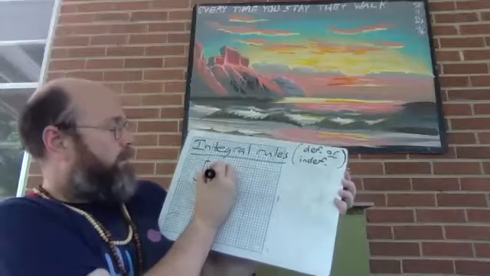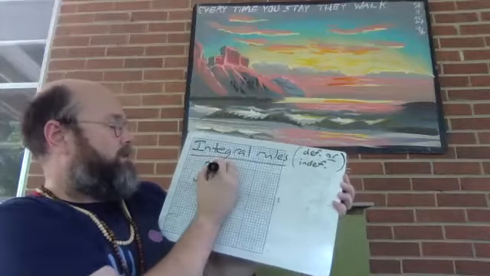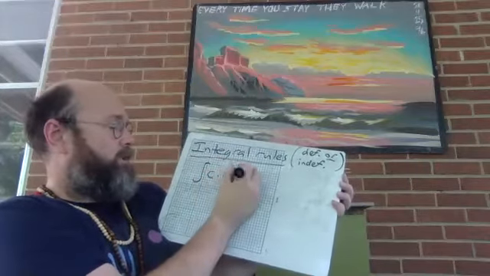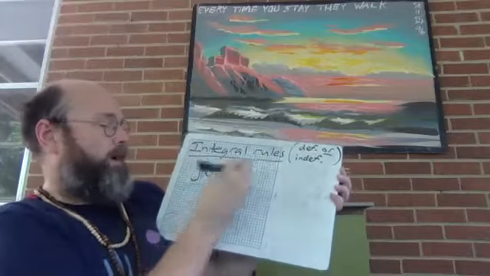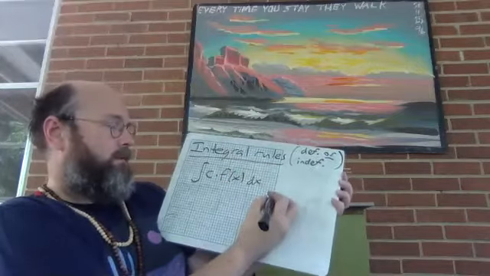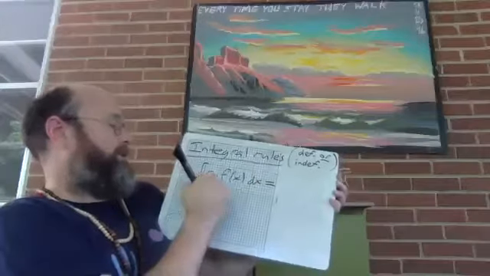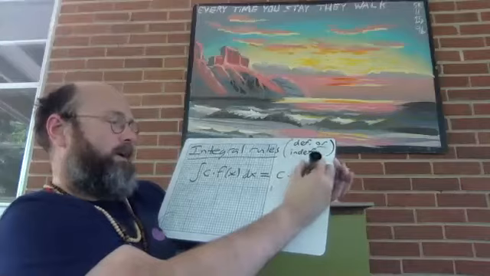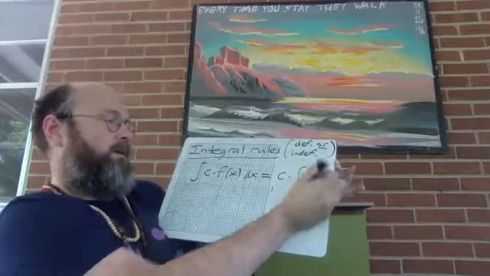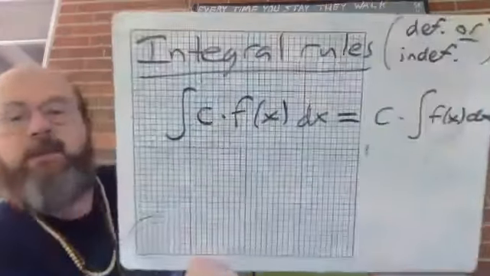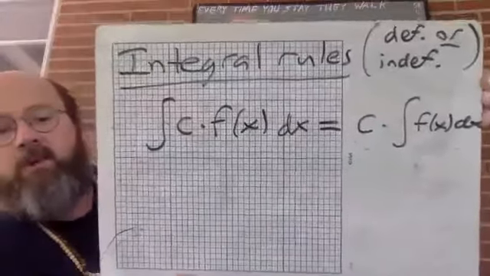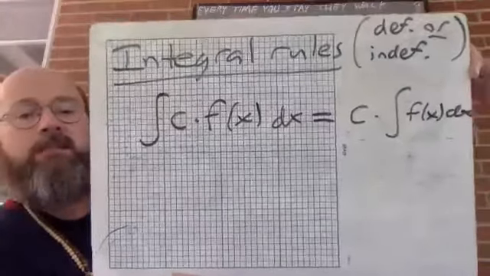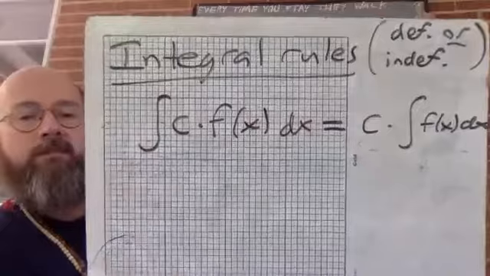Well, there's a constant multiple rule. If you have a constant times a function, 2x squared, for instance, that's the same as taking the constant outside and just taking the integral of x squared or whatever, and then multiplying by the constant in the end. Cool? Constant multiple rule works just like it does with limits and with derivatives.